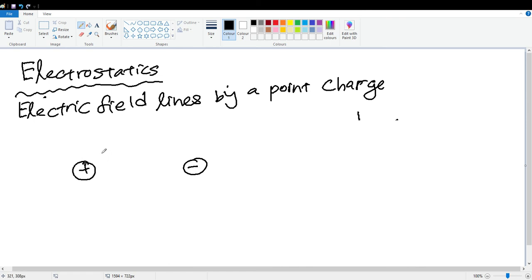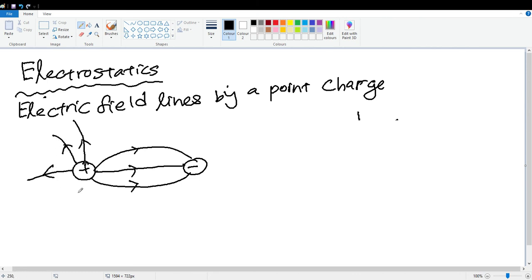What we can see here is that the electric field lines for the positive charge point from positive to negative, so this one shall be pointing towards the negative. The electric field lines are combining. This one is pointing outwards, and this one is pointing inwards.